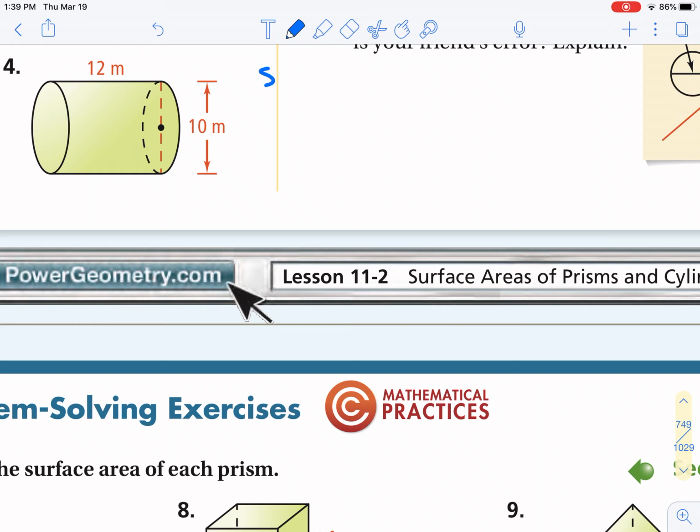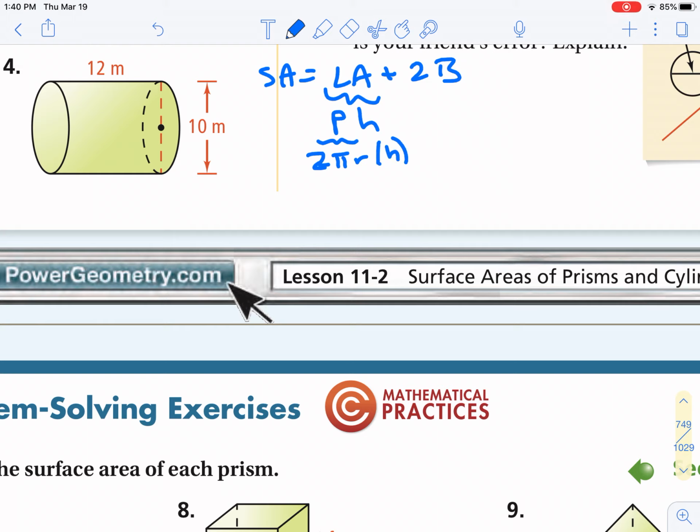So surface area equals lateral area plus 2b. What is my formula for lateral area? It's perimeter times our height. But what's the formula for perimeter? 2 pi r, and we got our height. I'm going to leave that as h for now.